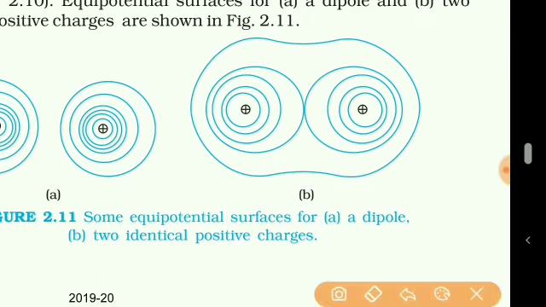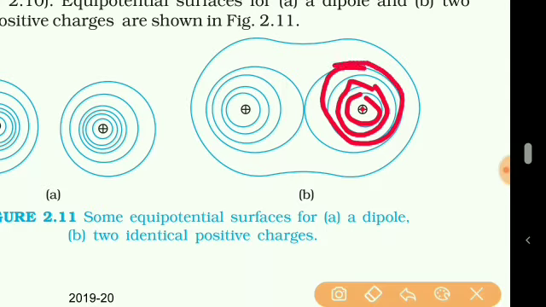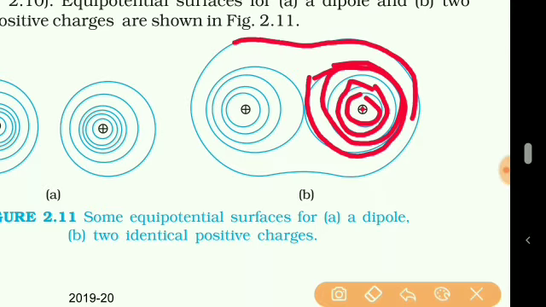Even when two positive charges are kept closer to each other, then near each charge the equipotential surface will be circular, but as we increase the distance, finally we can find the equipotential surface due to both these charges will be in this way. So this is only for information, no need to remember it.